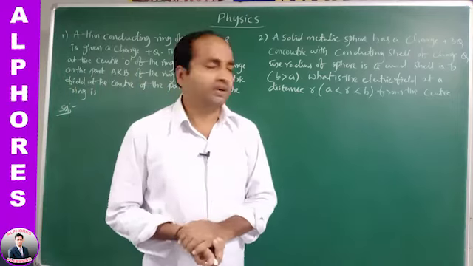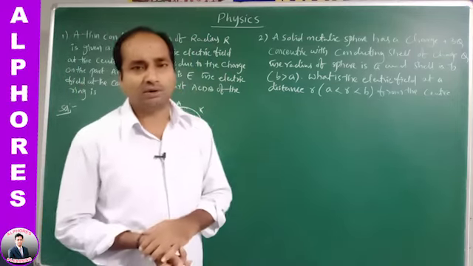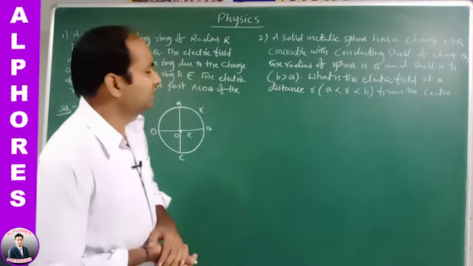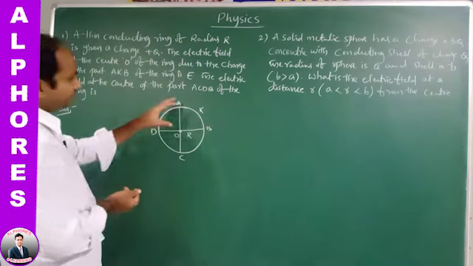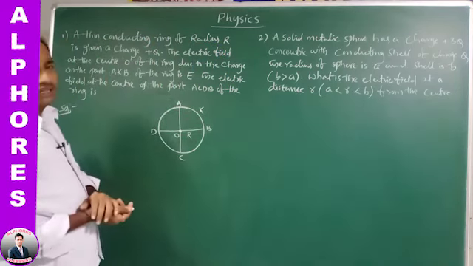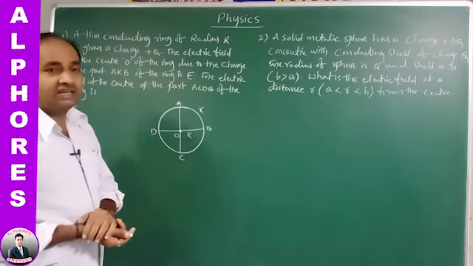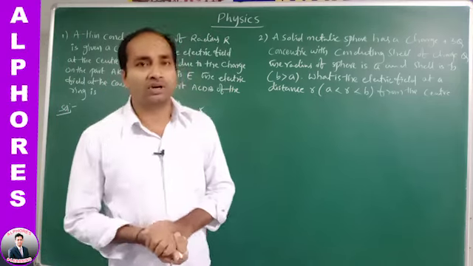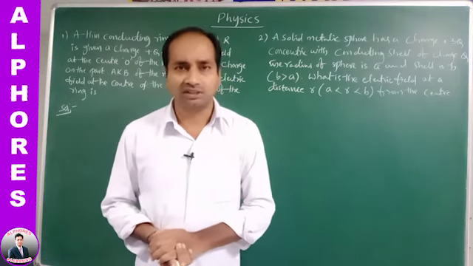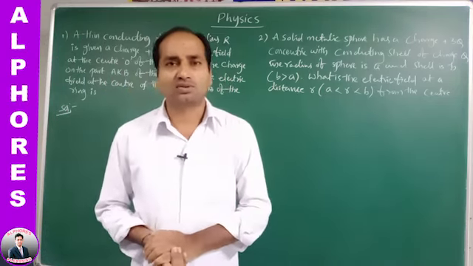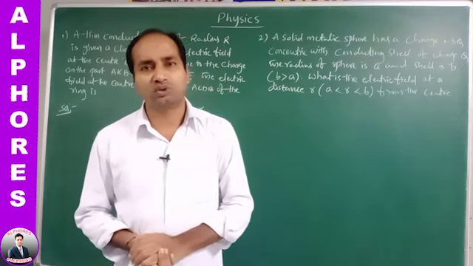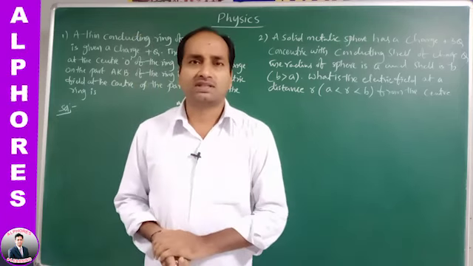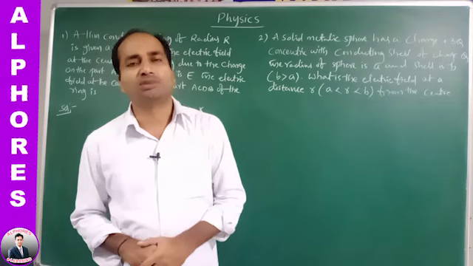Whenever we calculate this, in general what is the electric field due to the conducting ring at the center? It is 0. We calculated the electric field at any point on the axis of the ring. The formula is E equals 1 by 4 pi epsilon naught, Qx by (x square plus a square) whole to the power of 3 by 2.